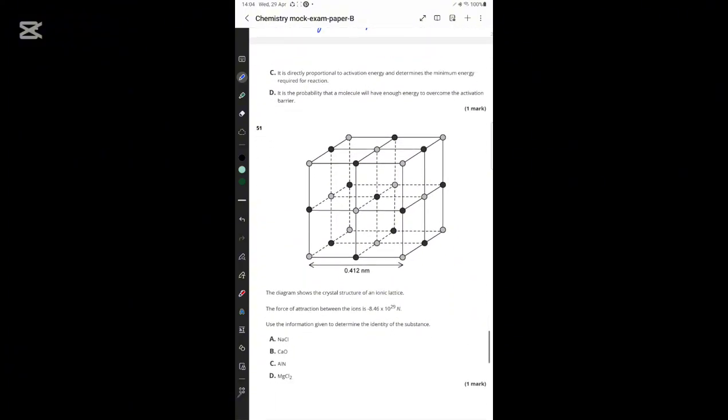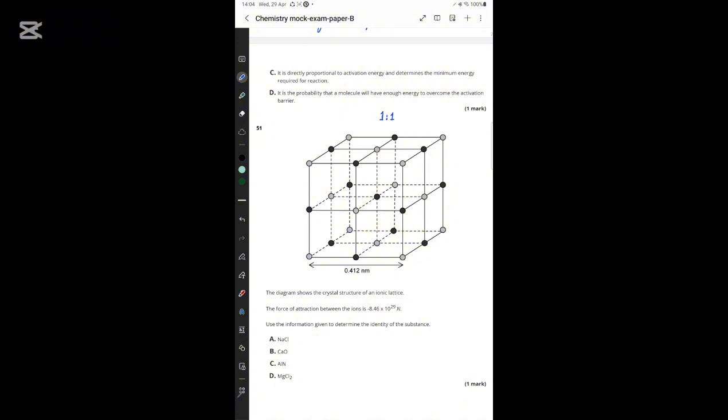So for question number 51, now we have a lattice structure, and this lattice structure represents an ionic compound. Each ion is surrounded by the same number of ions, and first of all we come to know that the ions are going to be 1:1, because in the structure they are the same number of positive and negative ions.